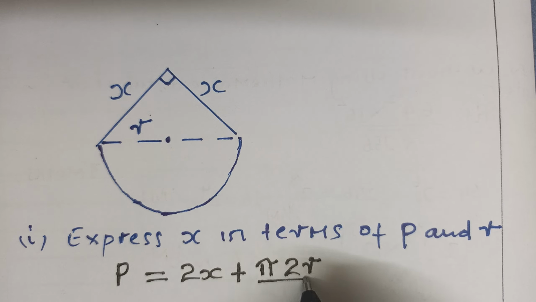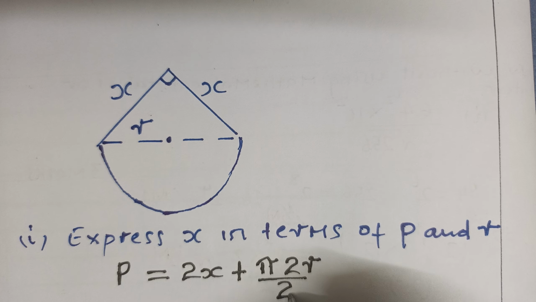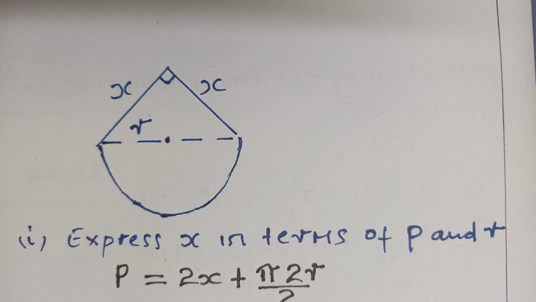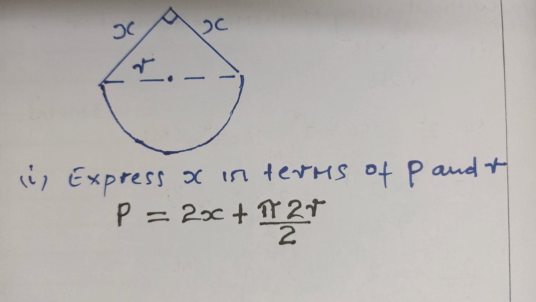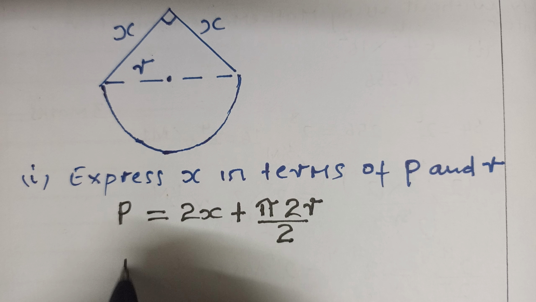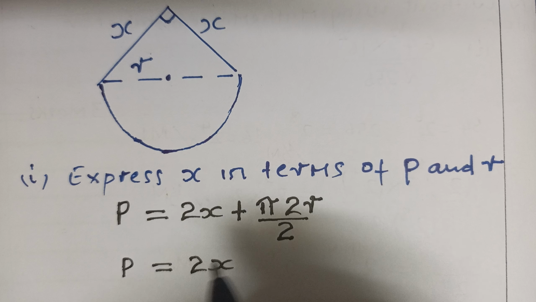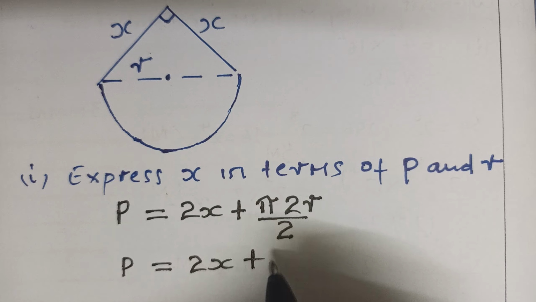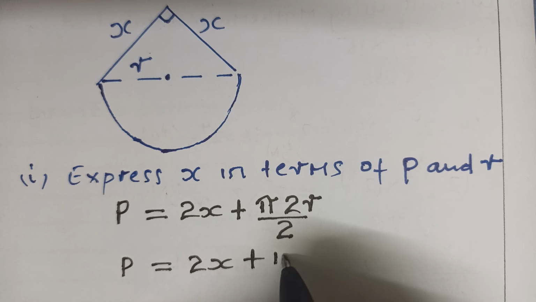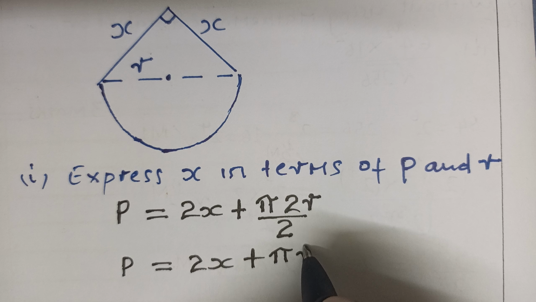Now we divide by 2 for the semicircle. So that is our equation. And so therefore p is equal to 2x plus, this comes now to pi r.